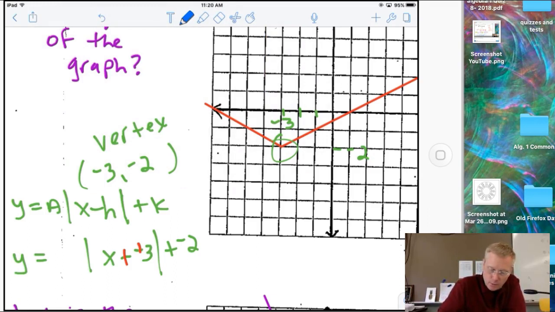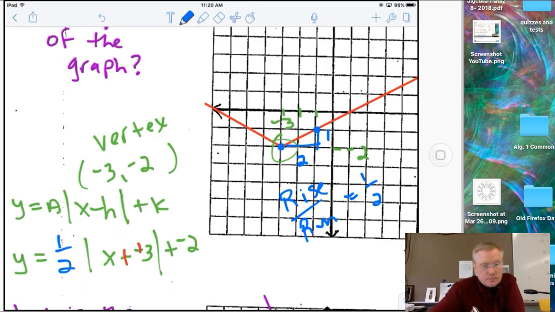You can go from anywhere you want. I'm going from here. Another point where it hits the hash mark is here. Make a little V. Run is 2, rise is 1. Rise over run is 1 over 2. So that's actually what A is.